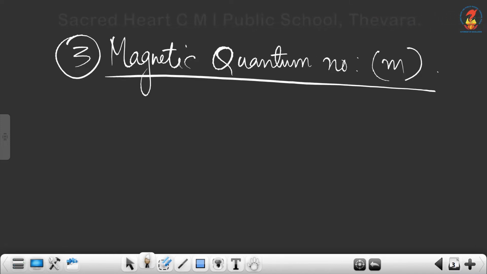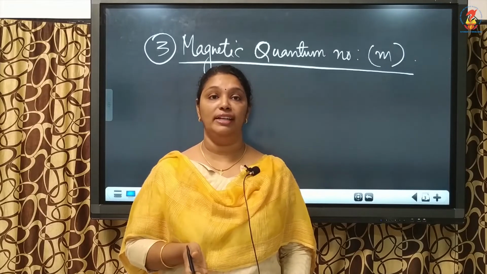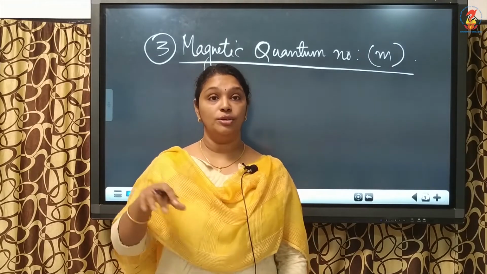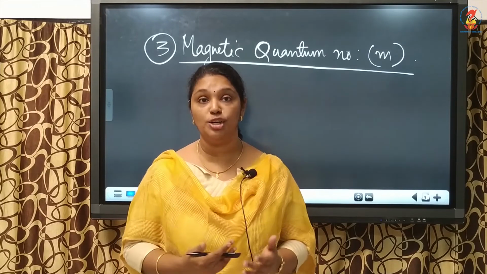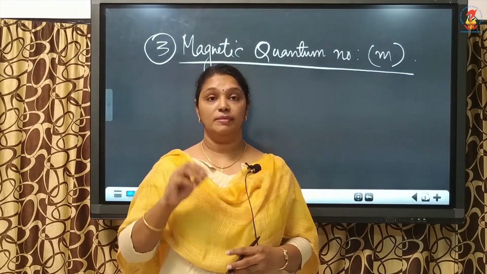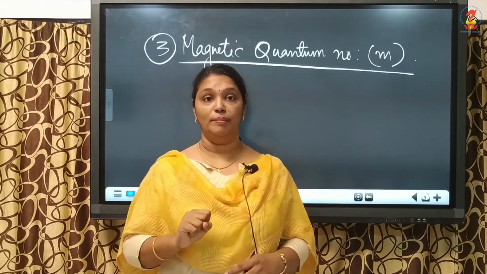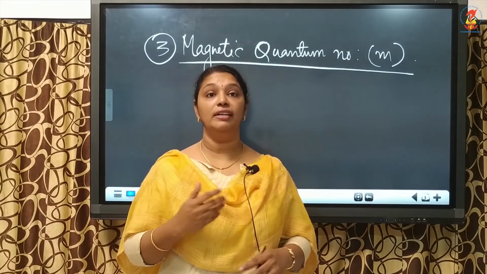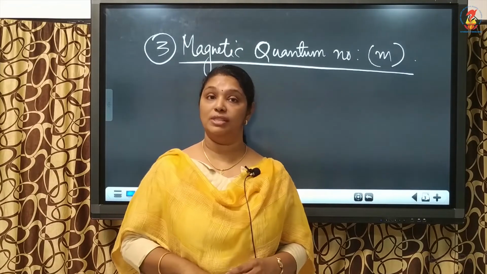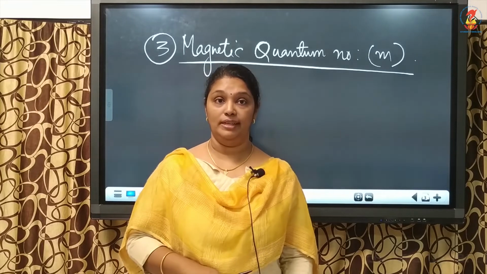Now, the magnetic quantum number gives information about the spatial orientation of orbitals with respect to a standard set of coordinate axes. So, I told you these orbitals have directional property. So, by looking at the magnetic quantum number, we can identify the number of orientations possible for the orbital.